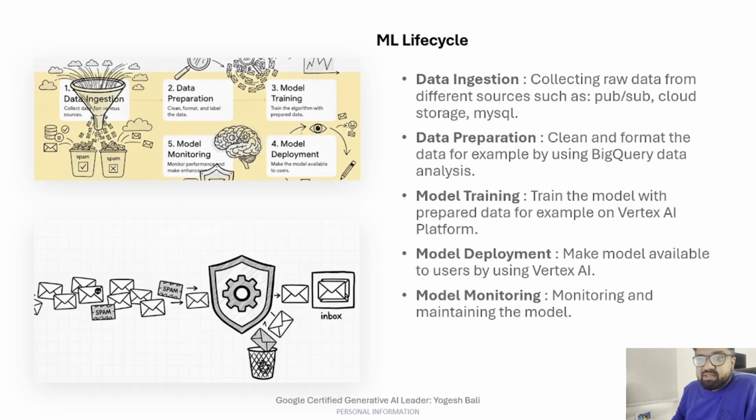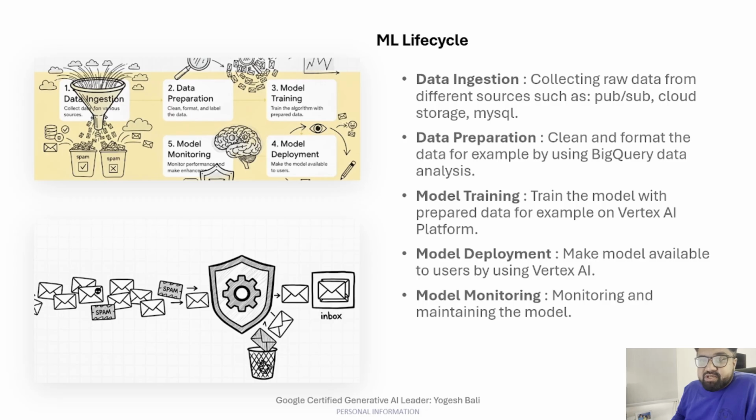To understand this, let's see a spam filter model example. In the spam filter model, the data ingestion stage is the thousands of raw mails that we have. Then the data preparation stage is labeling them spam or not spam.